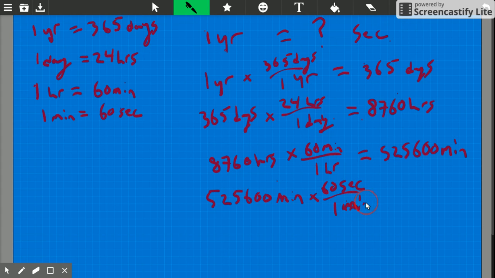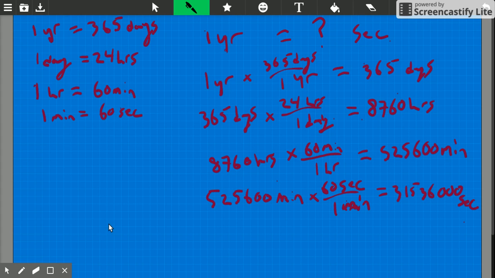We're going to end up with 31,536,000 seconds in a year. Okay, so what do we have? 31,536,000 seconds in a year. That's great, and everything we did is exactly right.